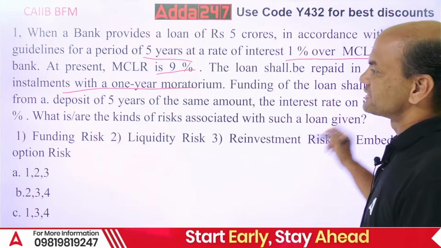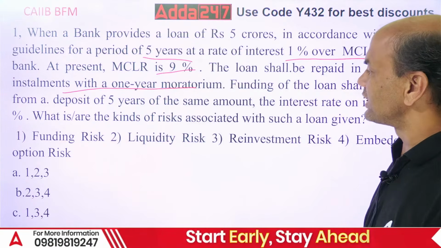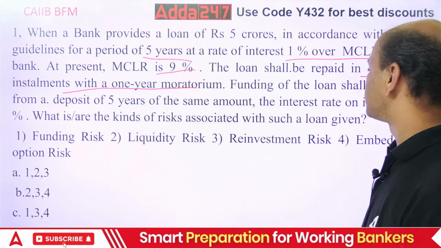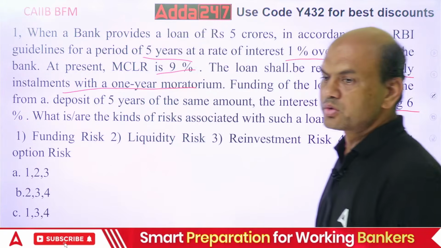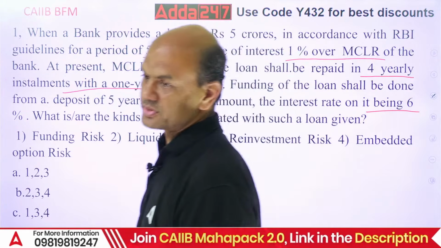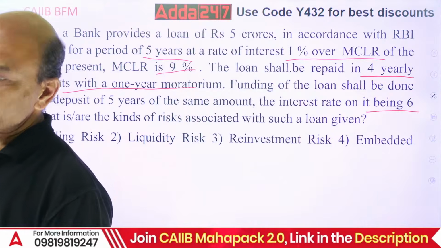Now this is fixed. What kind of risks are associated with such a loan? What are the various types of risks associated with it? See, understand the difference.